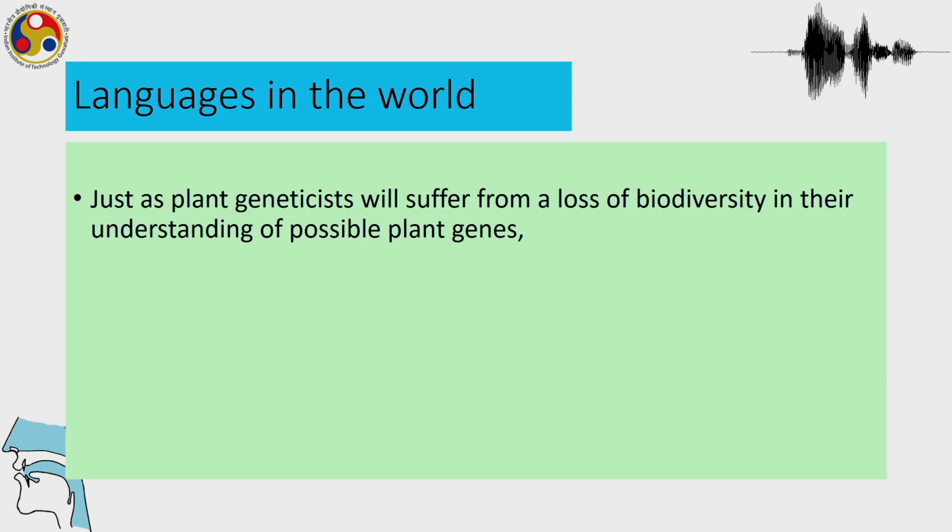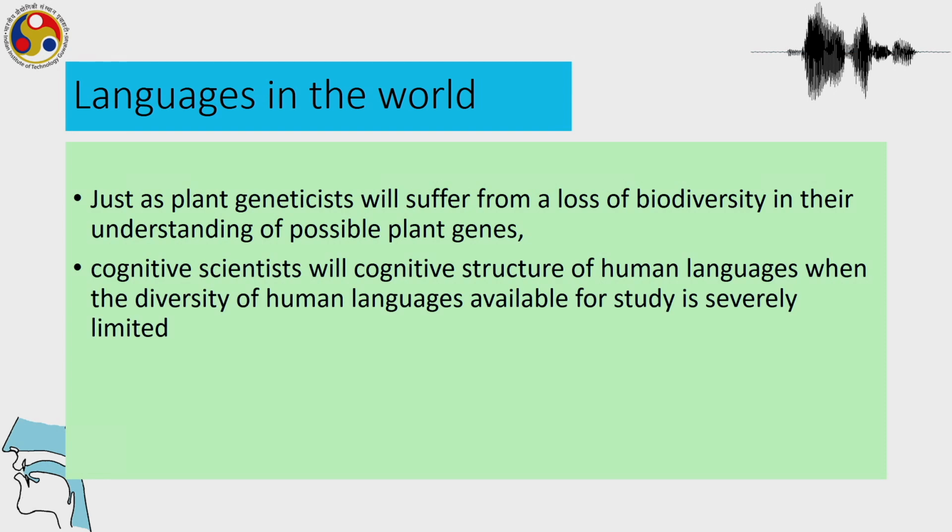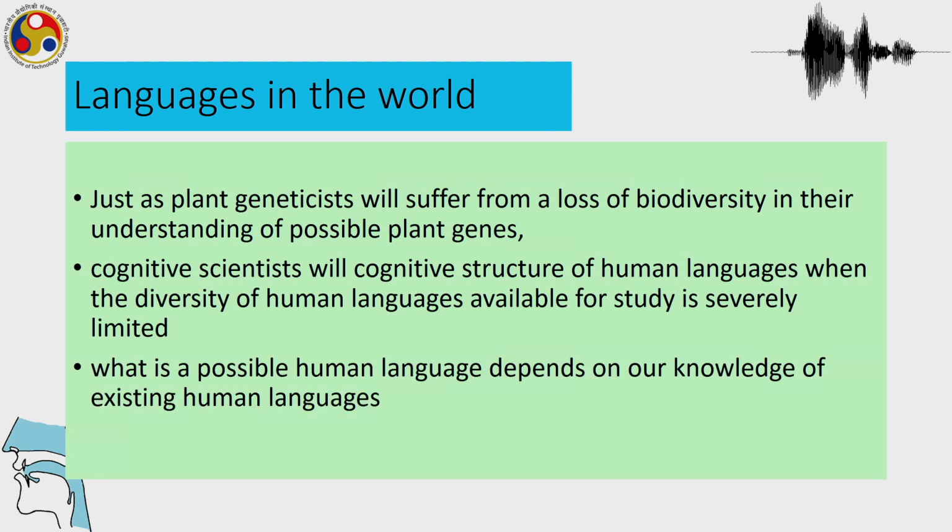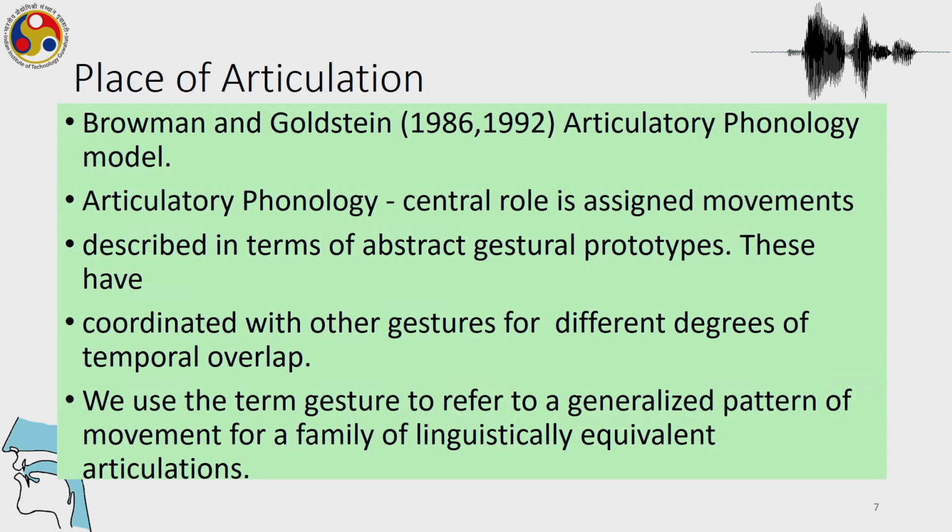So the fear is that as we fear loss of biodiversity in the world, the loss of languages will lead to a similar crisis in understanding the cognitive structure of the human brain, and human languages are an integral part of our cognitive structure, and such loss will be a great loss to humanity.